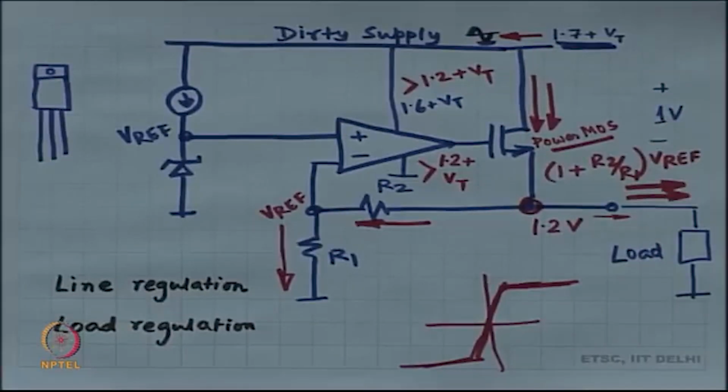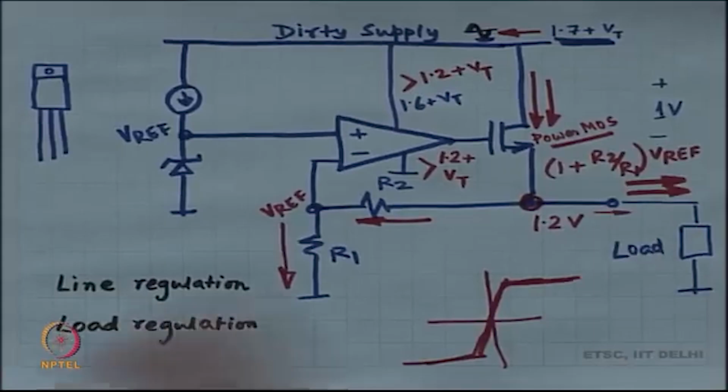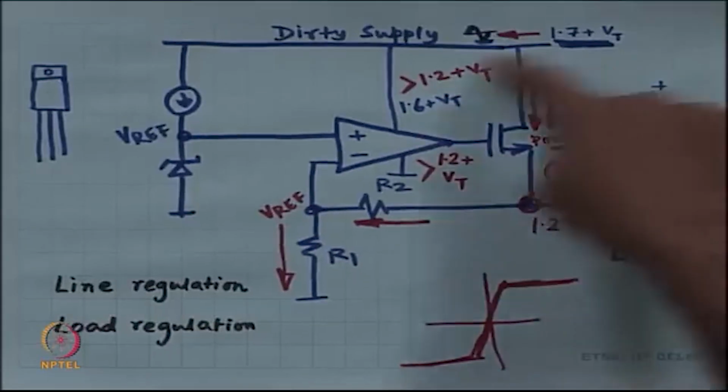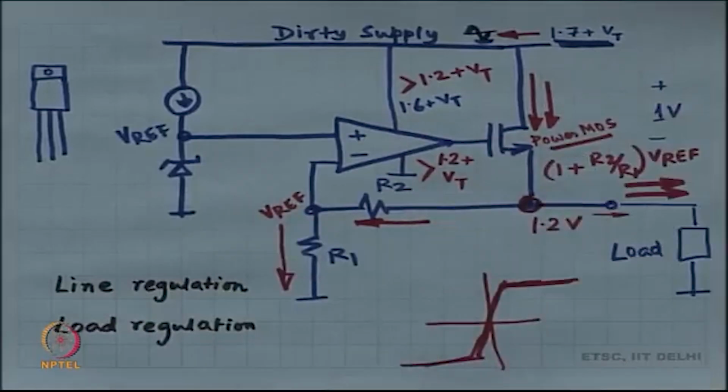All right, which means that if my maximum load current is 50 milliamperes, then the maximum heat in the MOSFET is going to be 50 milliwatts. The form factor of this particular device has to be such that it can dissipate 50 milliwatts as heat without increasing the temperature of the circuit.